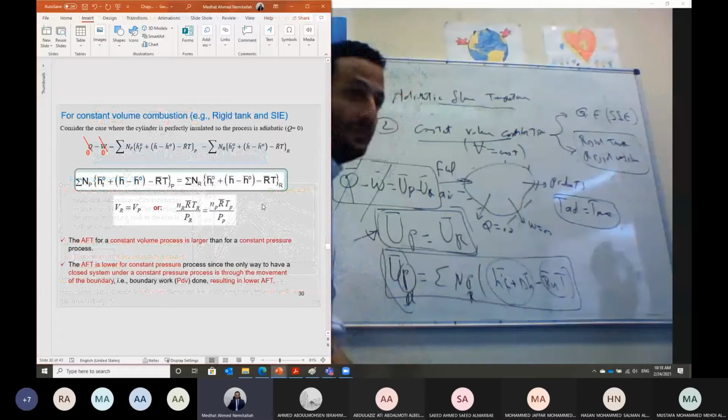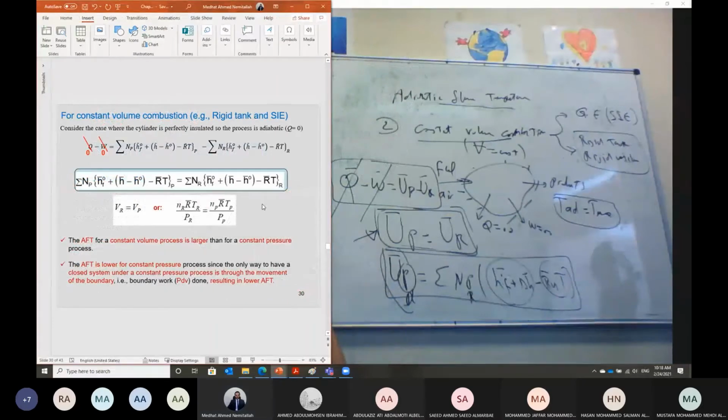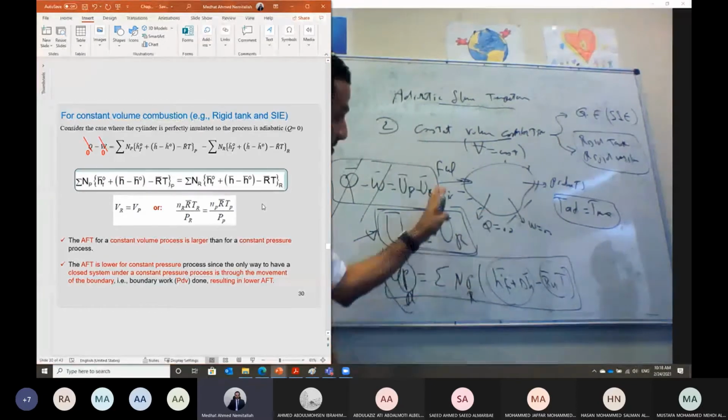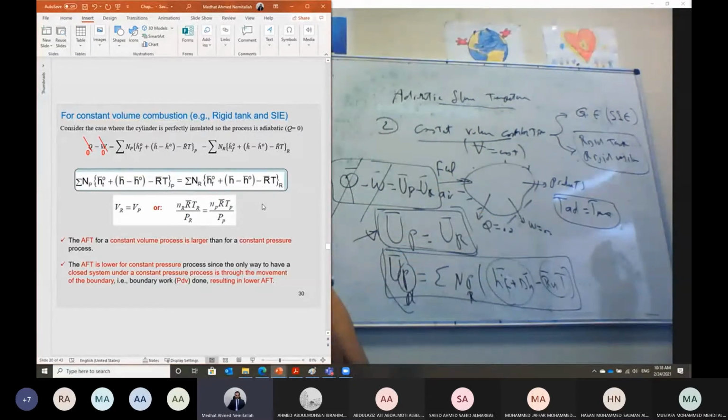Is that clear, guys? If I have a constant volume combustion system and a constant pressure combustion system with the same fuel, same combustor, but we just change from constant volume to constant pressure, will the adiabatic flame temperature at constant volume be greater or less than at constant pressure?